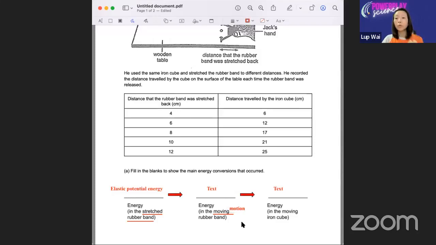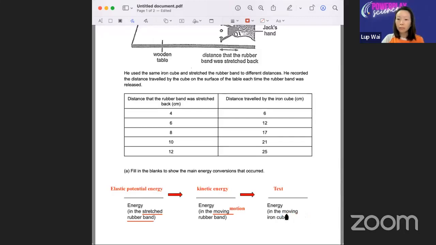So whenever it comes to motion, when you tell the kids about motion, something moving, they will know that it's kinetic energy, right? So the next conversion is, what kind of energy does the ion cube have? Now, you can see the word moving again, right?